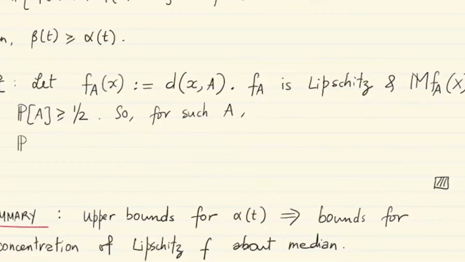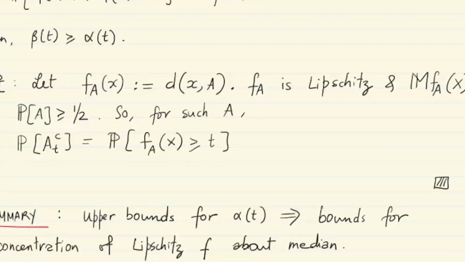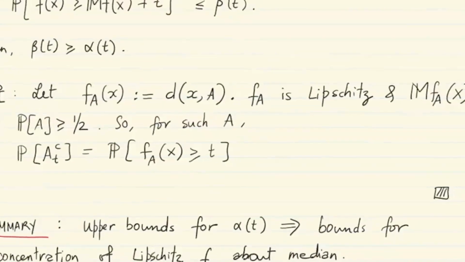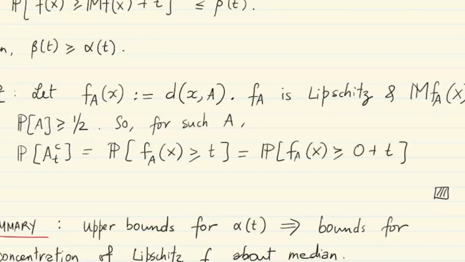the probability of A_t complement is the probability that f_A of X, this is just by definition, is greater than or equal to t, and we know by the hypothesis that this is exactly P of f_A of X greater than or equal to 0 plus t. 0 plays the role of a median, and by hypothesis this is at least beta of t, right?